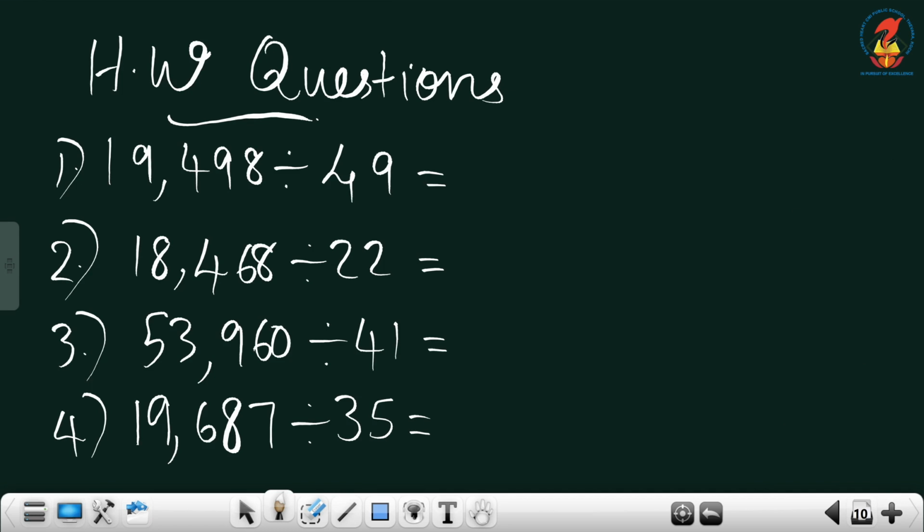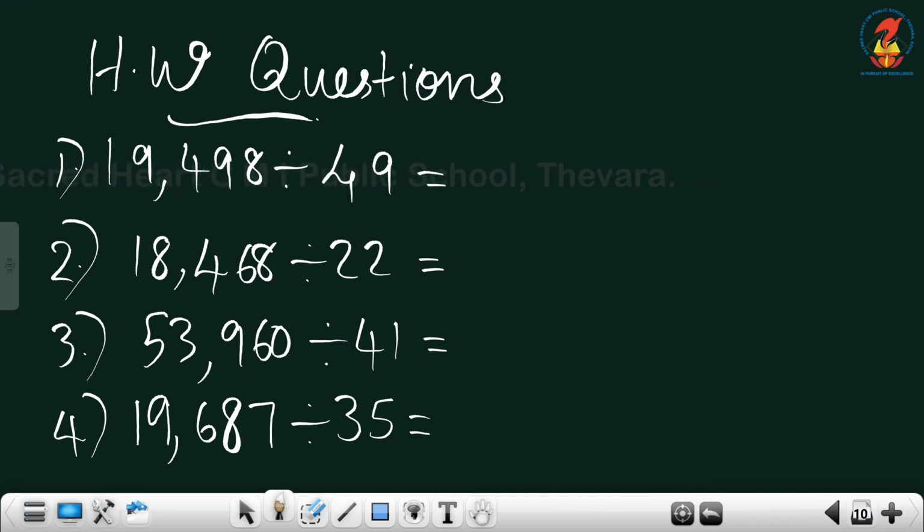Okay, then after that, I will give you some homework questions. That is easy for you, right? You need 19,498 divided by 49. How can you do it? First, you need to consider the first digit, that is 1. That is less than 49. So, you need to consider 2 digits together, 19. Then 19 is also less than this.